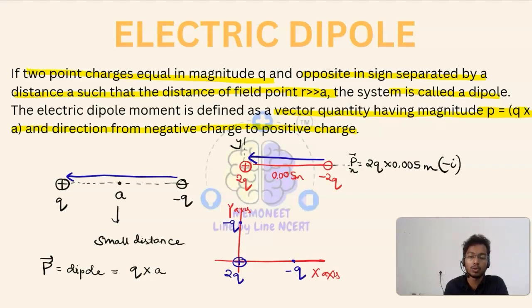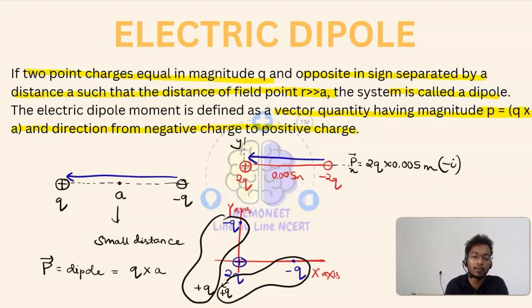What will be the dipole moment here? Let's divide 2q into q and q, plus q and plus q. So there are two dipoles here: plus q with minus q, and another plus q with minus q.